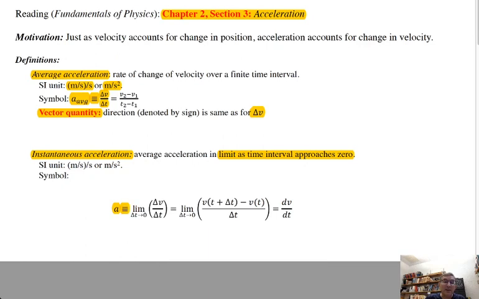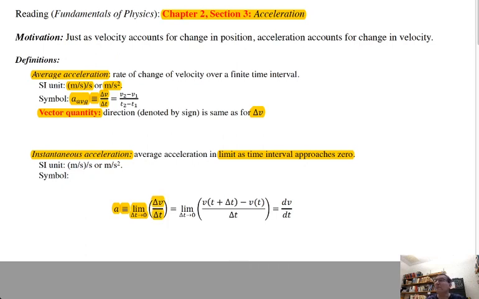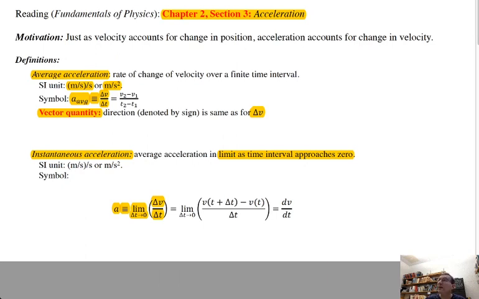It's defined using, again, this mathematical process called a limit, as the time interval delta t goes to 0, and the quantity we're taking the limit of is the expression for average acceleration. What I have next is just another way to write that expression inside the parentheses. The delta v, the change in velocity, v final minus v initial, is written like this.